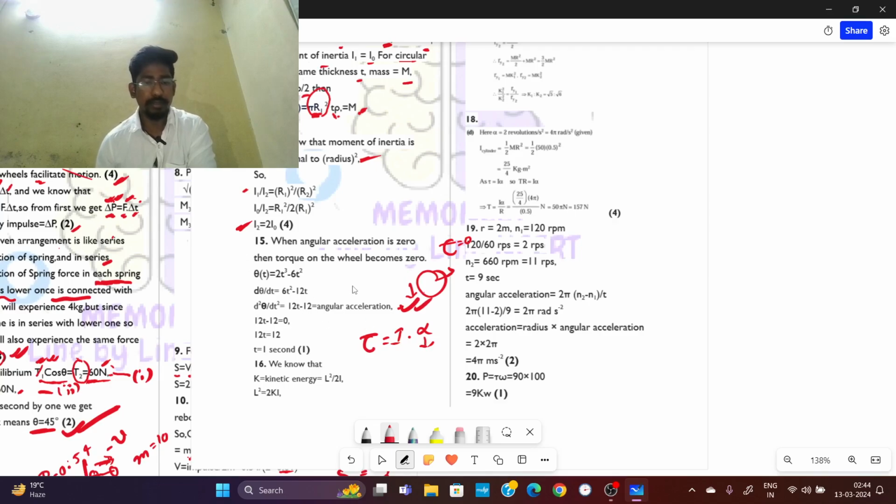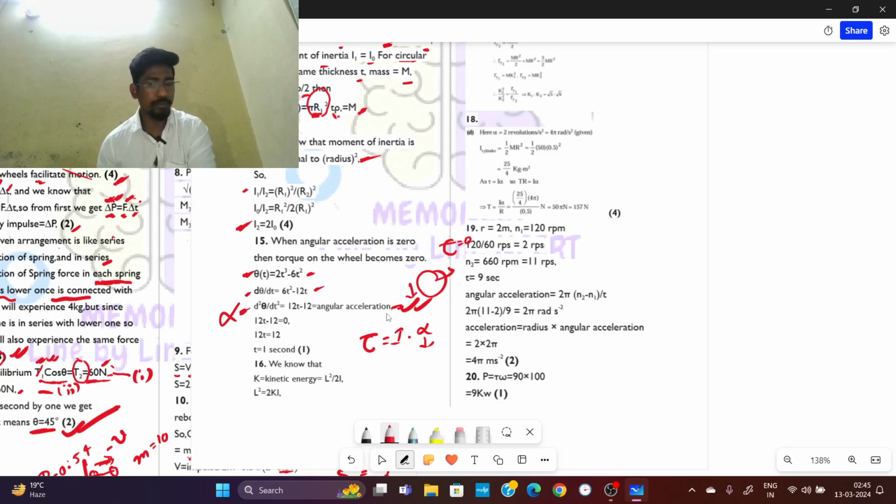So how to calculate angular acceleration? You have to double differentiate theta, the angular displacement. Two time differentiation, you will get alpha, d2 theta by dt2. This is alpha, okay.